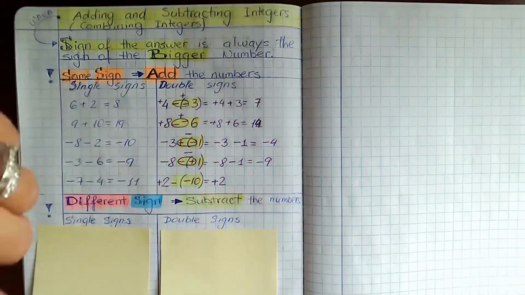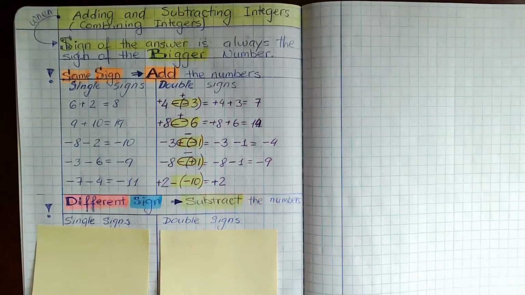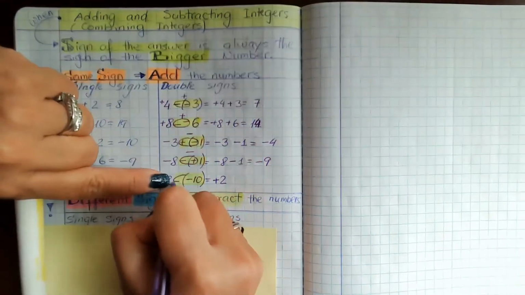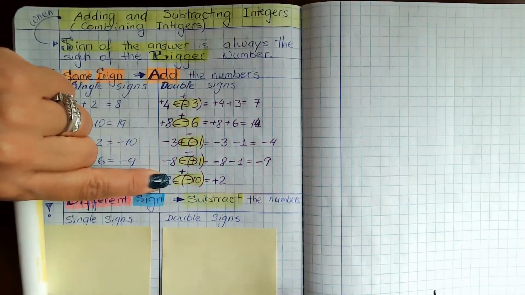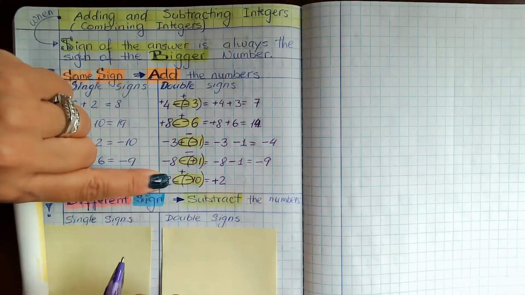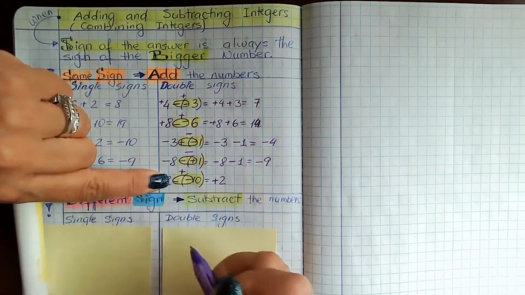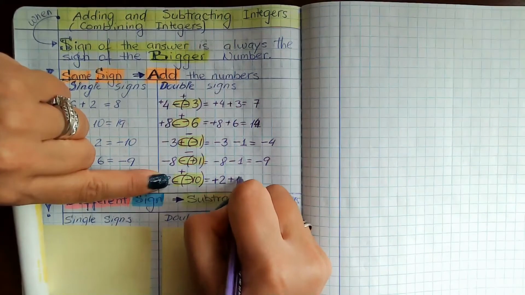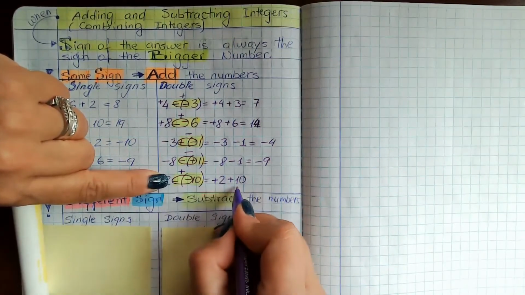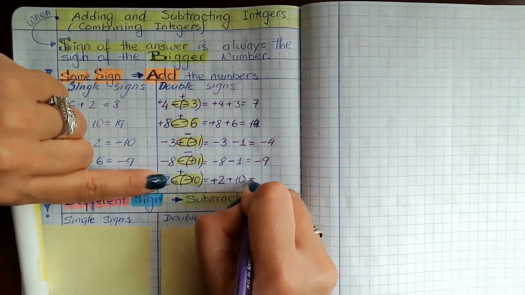We change it to single and rewrite, not just change it here, we rewrite the whole problem. Minus minus makes a plus. Negative times negative is positive. Two negatives make a positive. Remember it in the way that you connect with. Plus 10. 2 plus 10, same sign, add the numbers, equals 12.